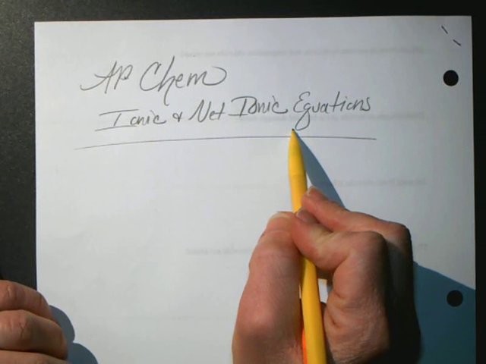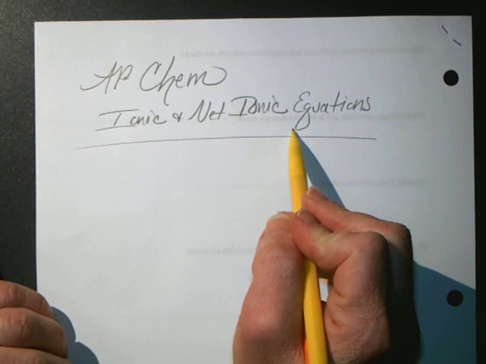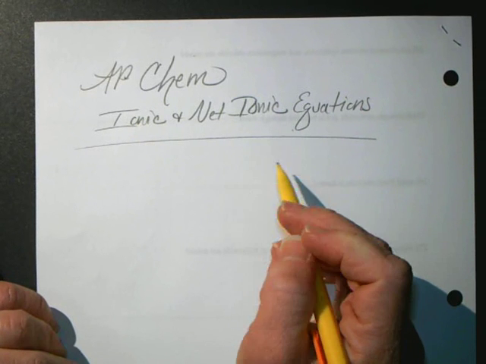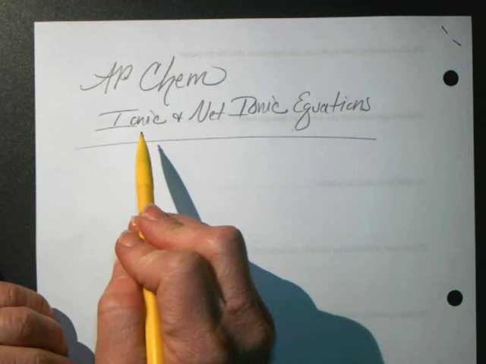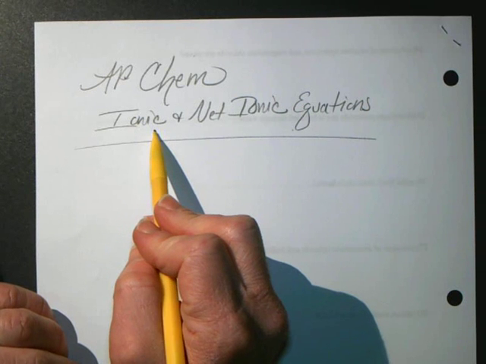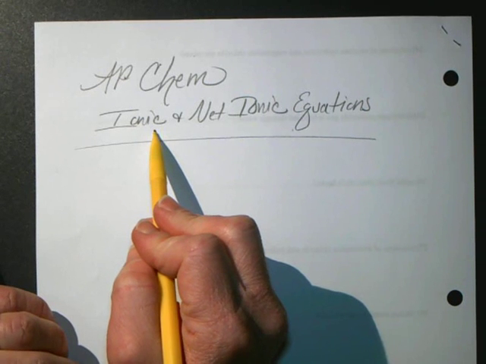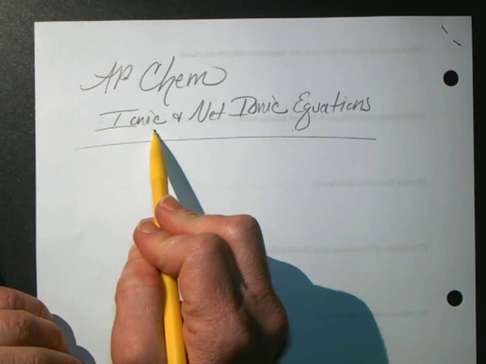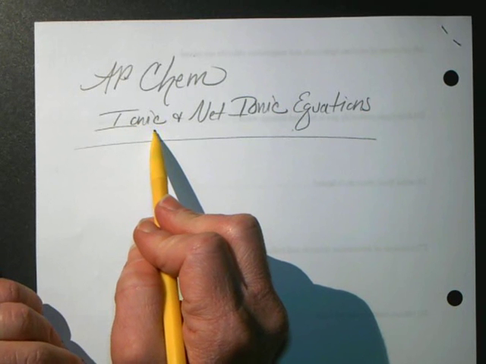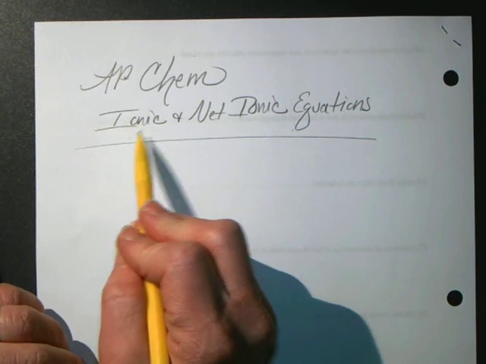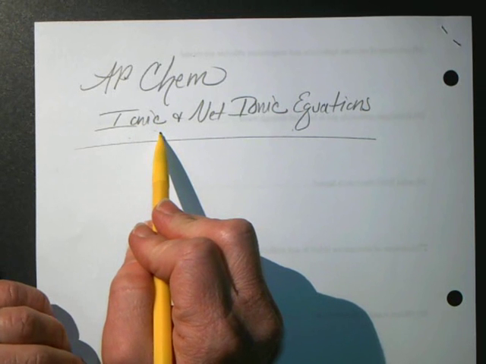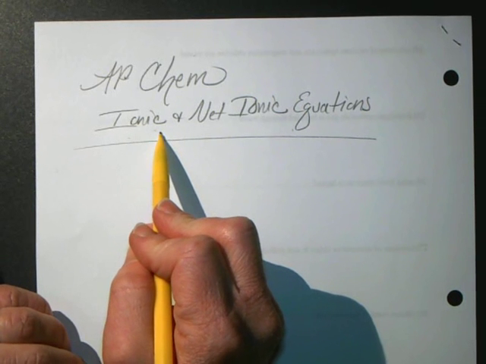In honors chemistry, we primarily dealt with our full equations. Ionic equations show us how the species really exist. Are they existing as molecules, as neutral compounds, as solids, or are they existing as soluble ions or soluble molecules in aqueous solution?